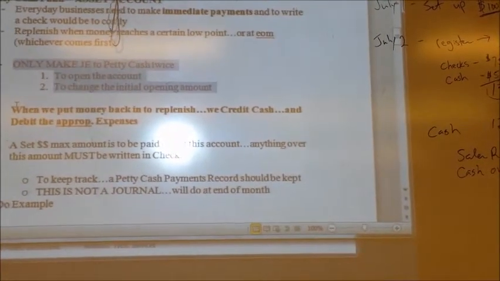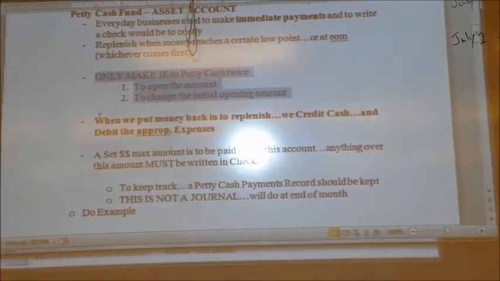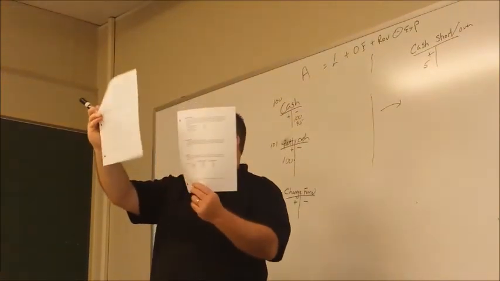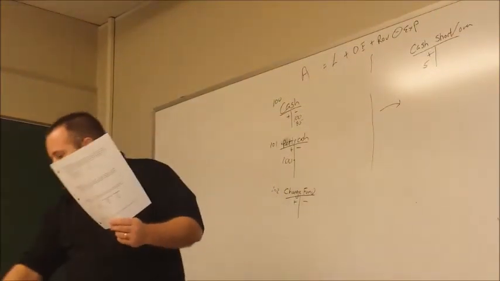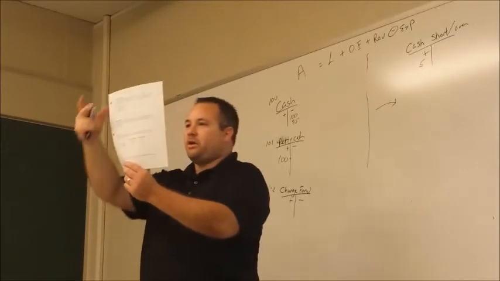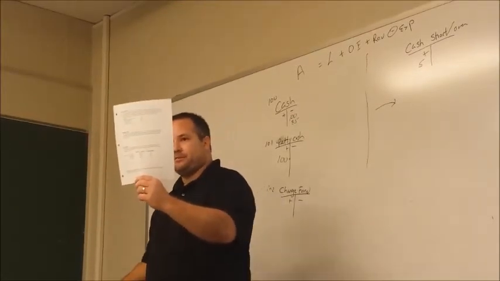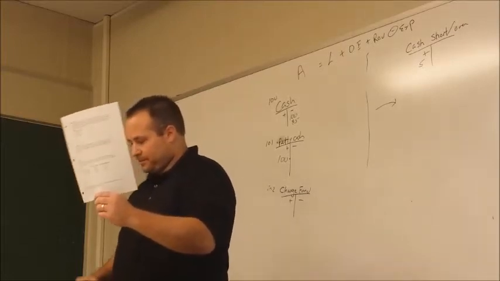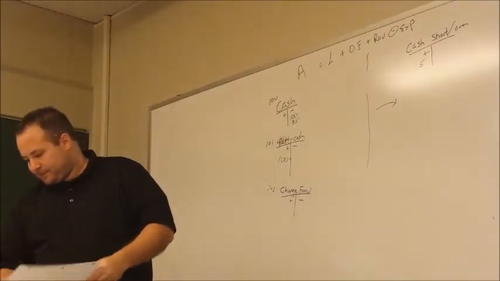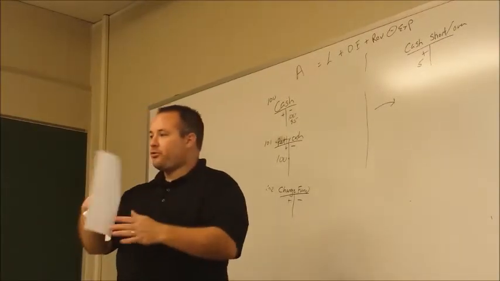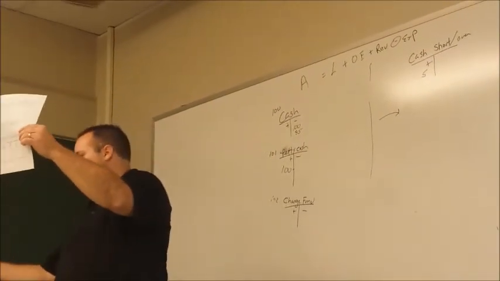Let's look at the example on number 30. Number 30 starts out like this. That's page 1. We're going to get to that on Wednesday or Thursday and Monday. But this one, the one that says petty cash fund, change fund, is page 2 of number 30.